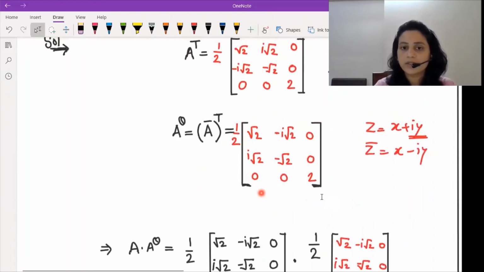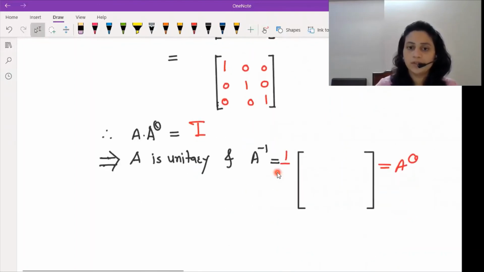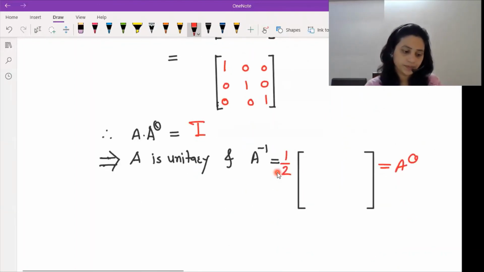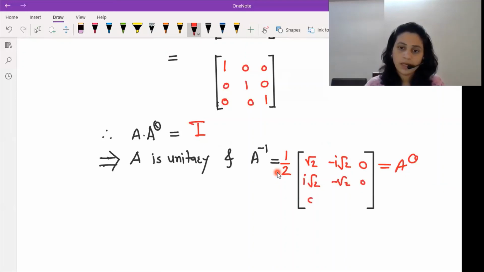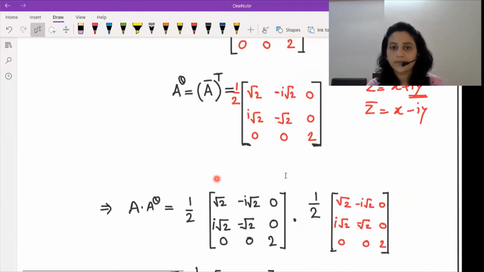This term 1 upon 2 into this, so this is our A inverse. So what is that? 1 upon 2 into root 2, minus i into root 2, 0; i into root 2, minus root 2, 0; and 0, 0, 2. So this is our inverse.